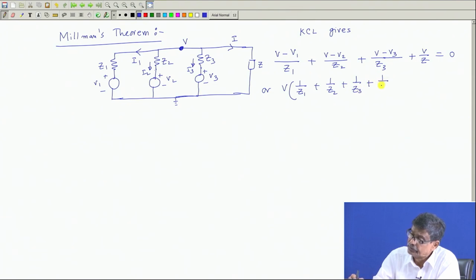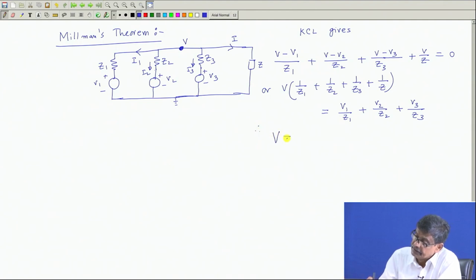We know the rules: the sum of the reciprocals of all the impedances connected to this node, only this node voltage is necessary, and this will be equal to V 1 by Z 1, take these terms on the right hand side, and V 2 by Z 2 plus V 3 by Z 3.